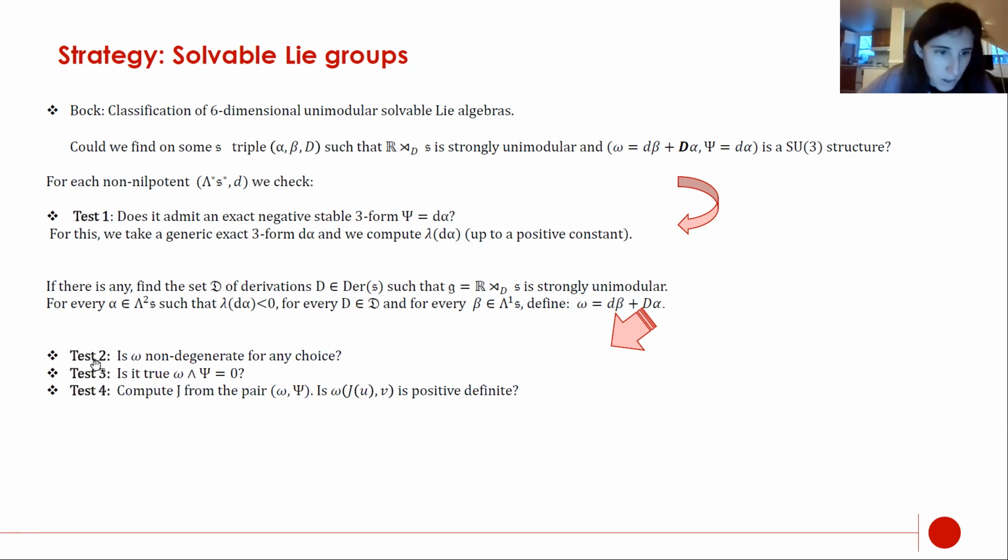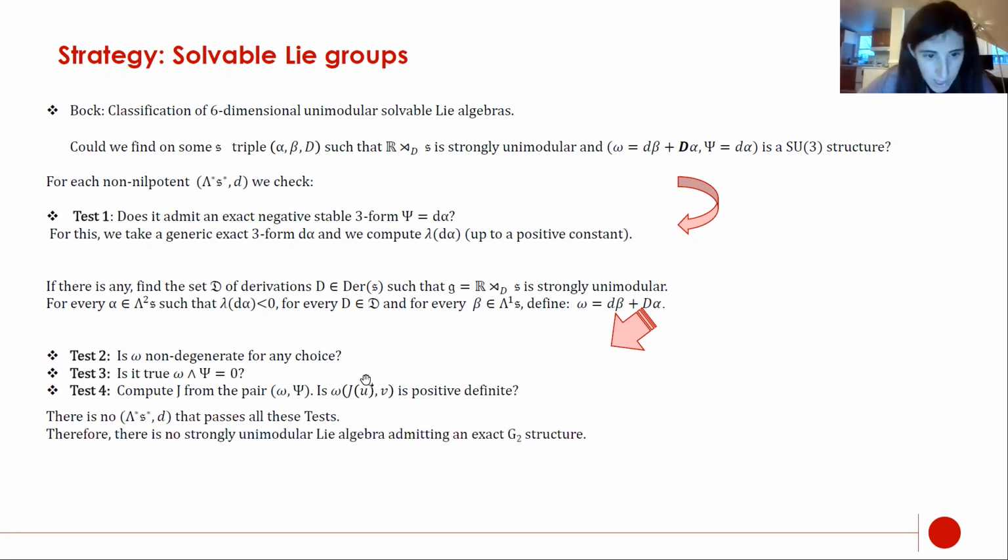And then we ask whether this omega can be non-degenerate, and whether omega wedge psi equals 0. If it passes these two tests, then we compute J from the pair omega, psi and check if the contraction of omega by J is positive definite.